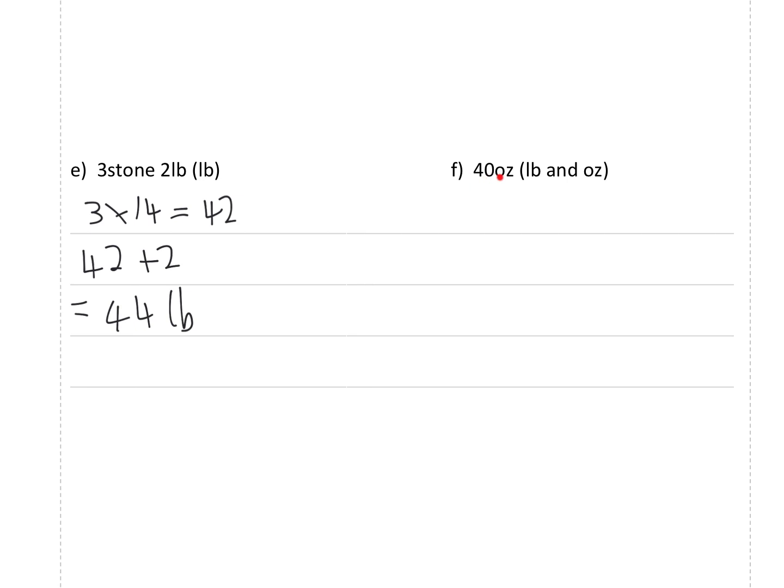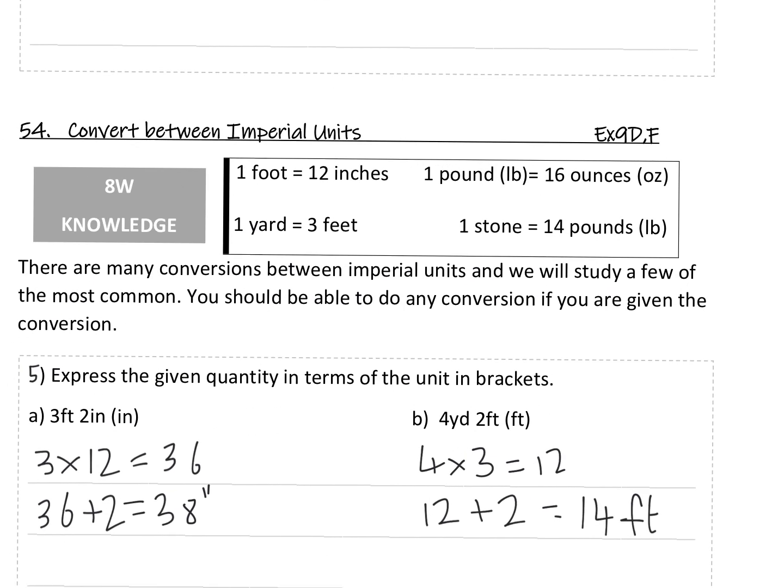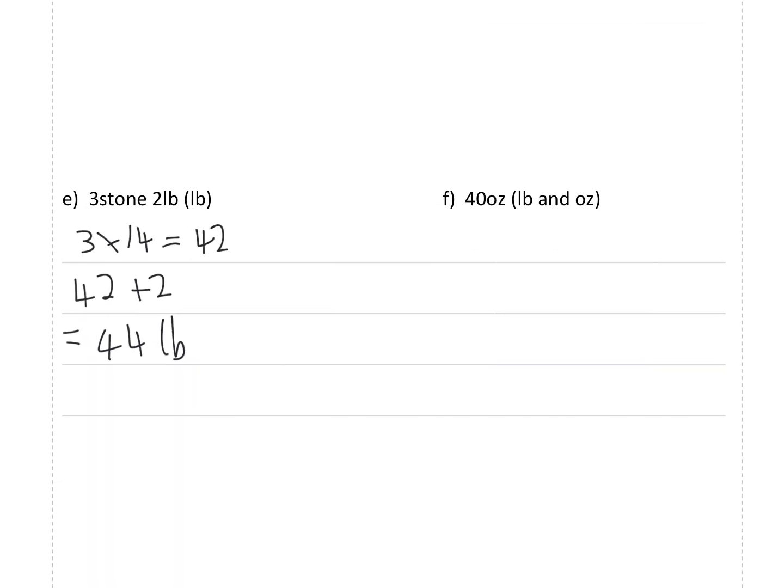This time we've got 40 ounces. We need to change it into pounds and ounces. So what's the conversion for pounds and ounces? Well, 16 ounces make a pound. So how many times would 16 go into 40? That would tell you how many pounds it is. So 40 divided by 16.